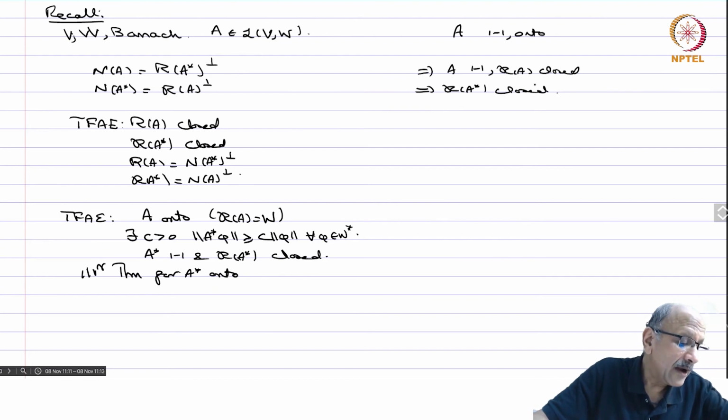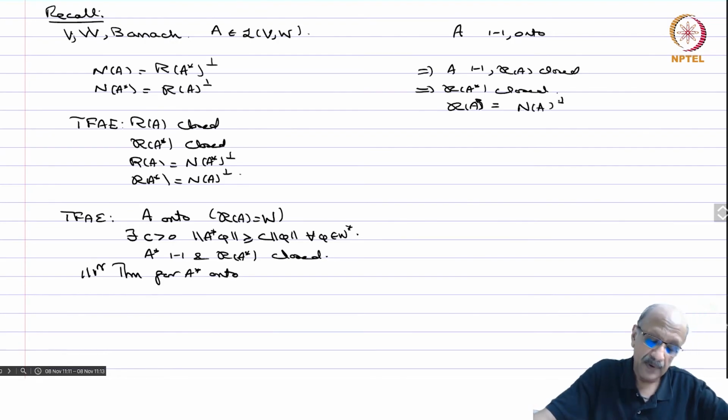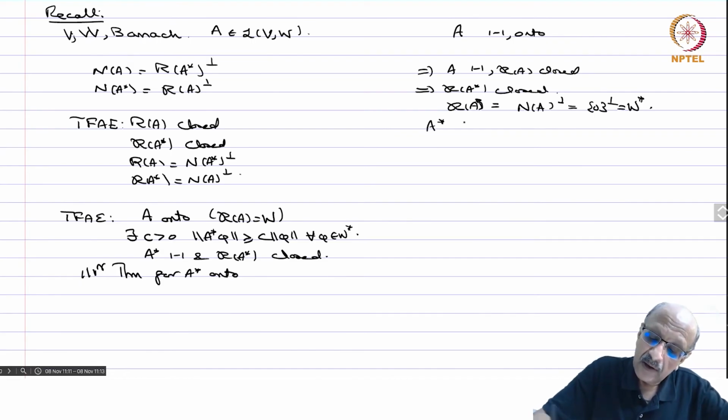Okay, and range of A star is nothing but null space of A perp. And the null space of A is 0, that is 0 perp equals W star. Okay, so A star is onto.